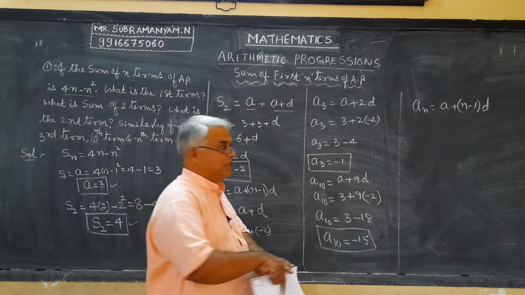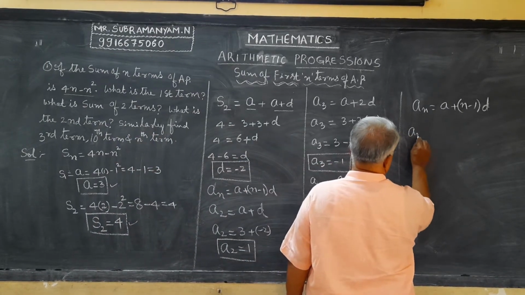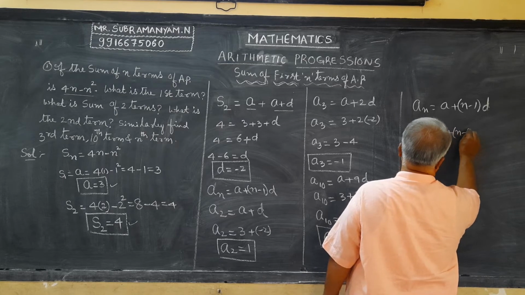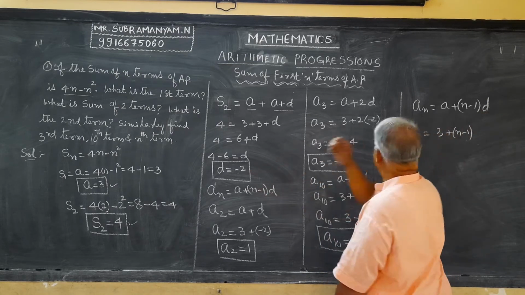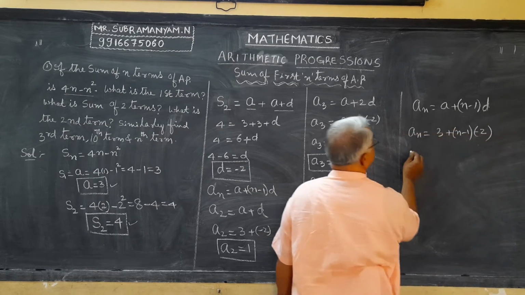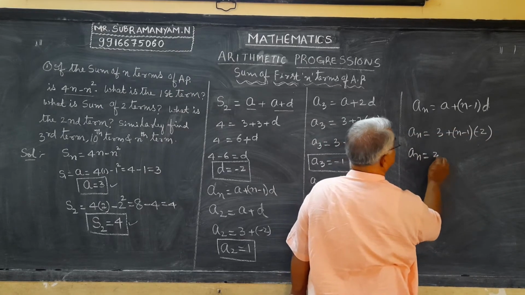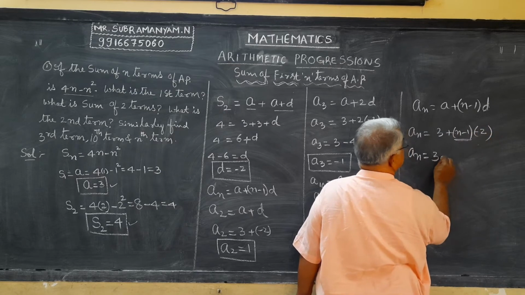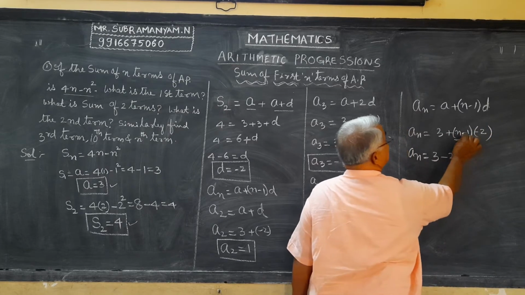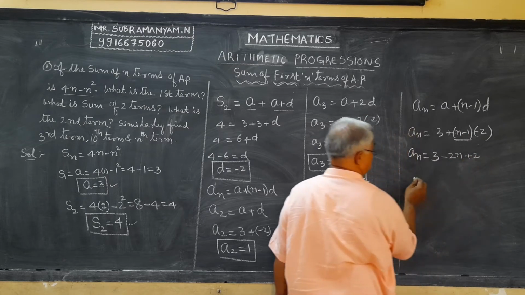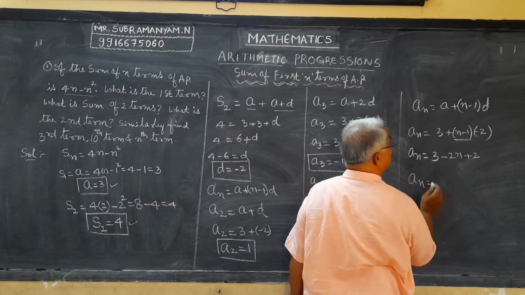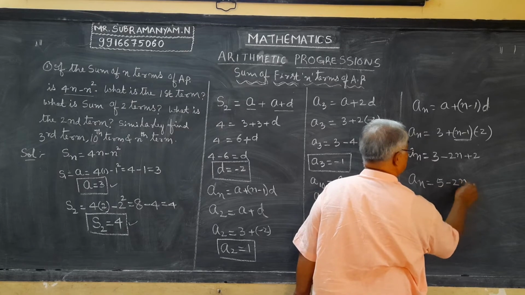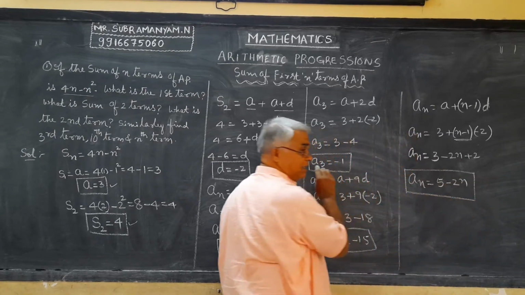Both values we will substitute there. an equal to a value is 3 plus n minus 1 into d value minus 2. an equal to 3, we will multiply n minus 1 with minus 2: plus into minus is minus 2n, minus into minus is plus 2. an value equal to 3 plus 2, it is 5 minus 2n. This is the value of an.